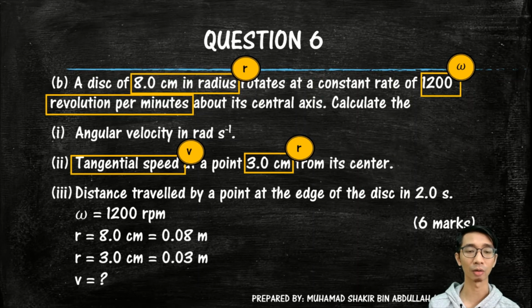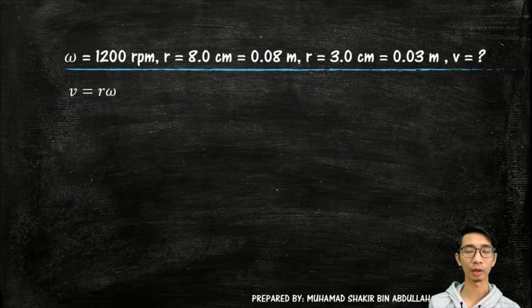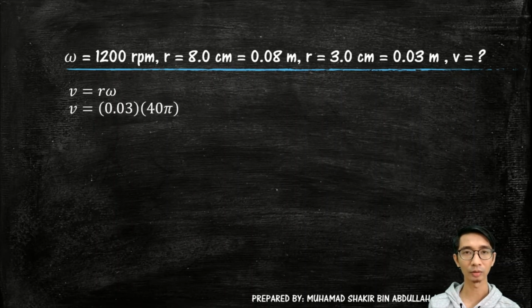Writing down all the information, we start with our equation, v equals r omega. This is the relationship between tangential velocity and angular velocity. No need to rearrange because we already have v on the left hand side. Just substitute the values.